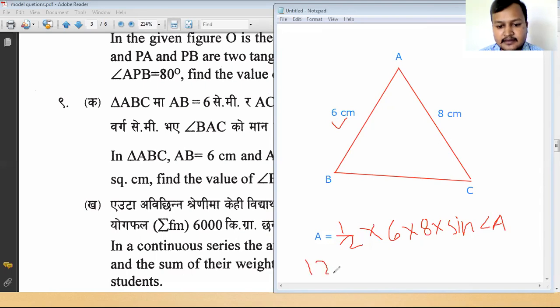Area is 12 root 3 is equal to, this is cancelled, 2 3s are 6, 8 3s are 24. 24 is equal to 12 root 3 sine angle A. So from it easily you will get the value of A.